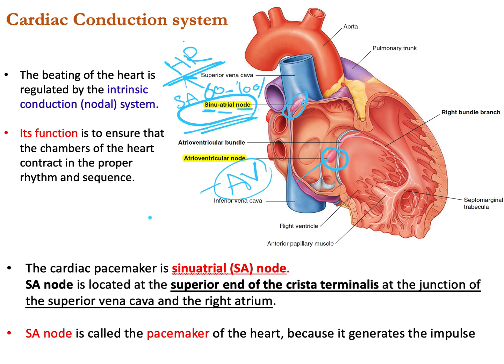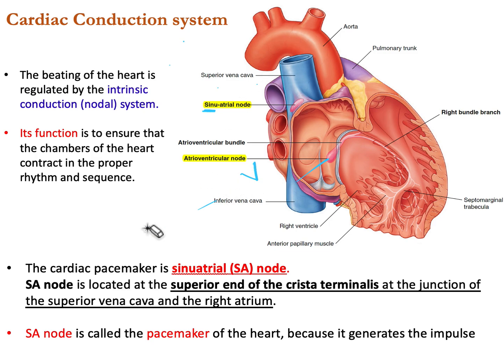The AV node, I think, gives from 40 to 60 beats per minute. So you will not notice them and they will have no effect because they will be embedded and covered by the faster impulses of the SA node. So the SA node is the pacemaker of the heart, and this is important.